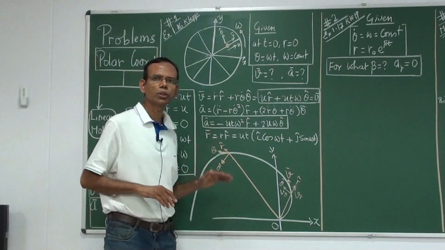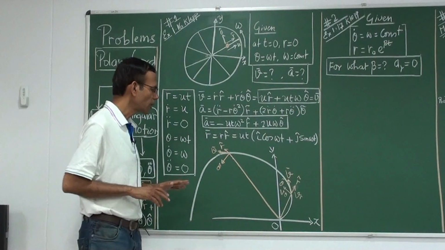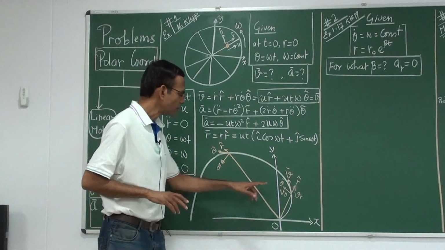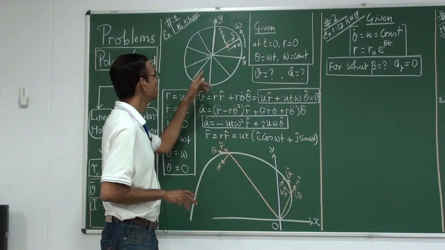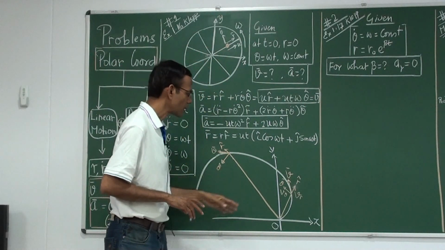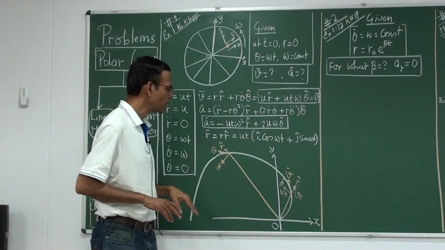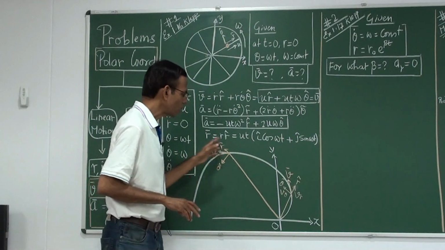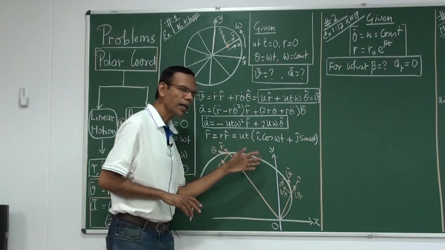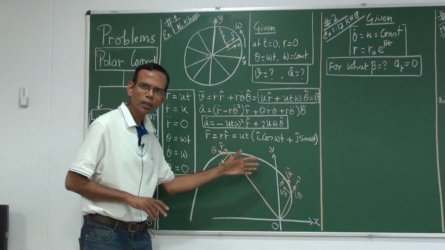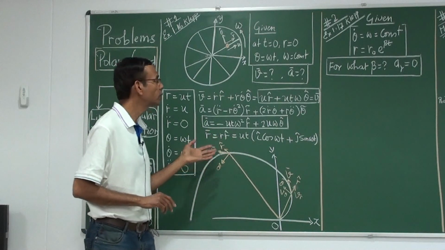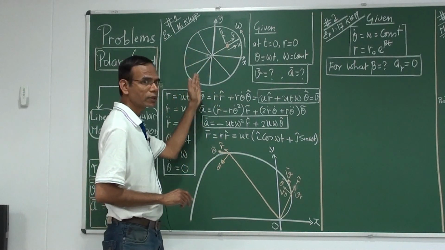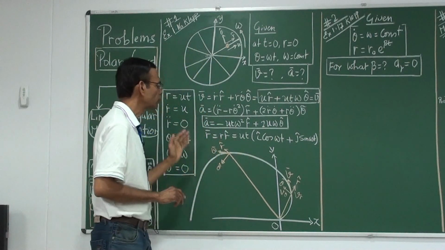One important question comes many times: suppose this particle is moving in a spiral path. At every point our r cap, theta cap, the polar coordinates, are rotating with the particle, or moving with the particle.